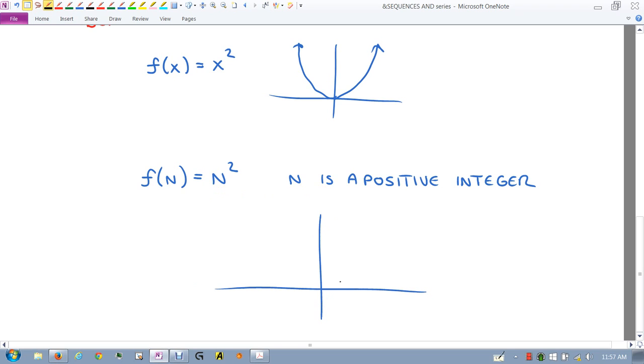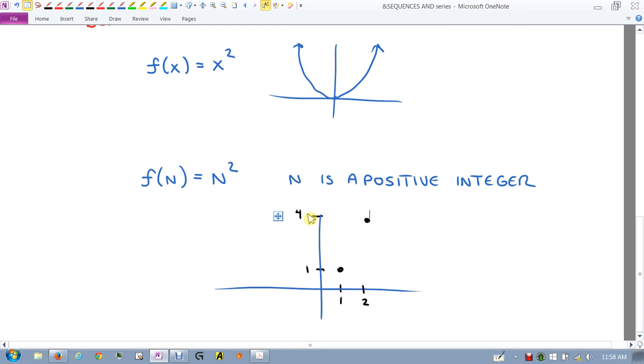Where does it start? 1, 1, you have a dot. You don't have anything else, right? Then you plug in 2, you get what? 4, right? Then you're allowed to plug in what? 3, and you get 9. But it's not a continuous function, is it? It's a function that just spits out a bunch of dots. And that's because the input is restricted to just numbers.